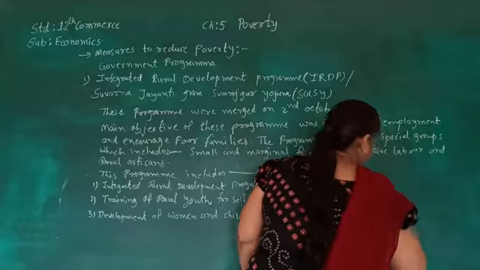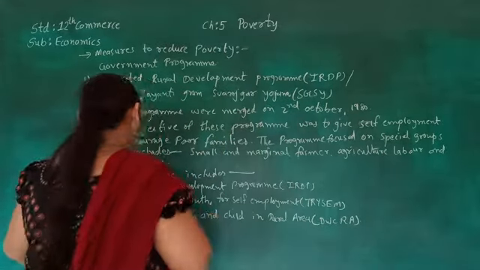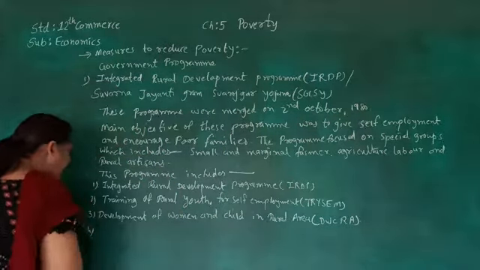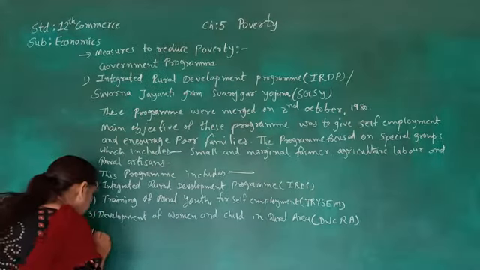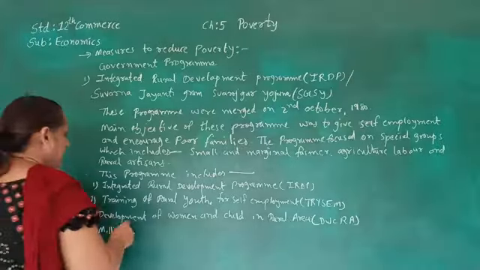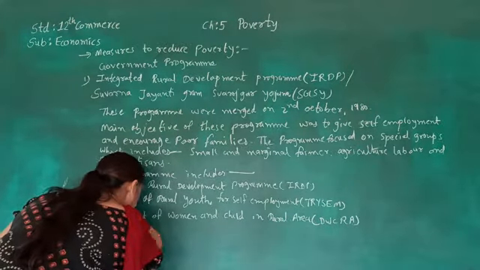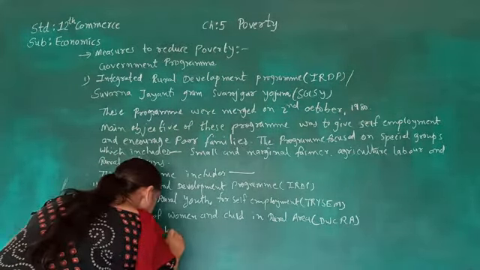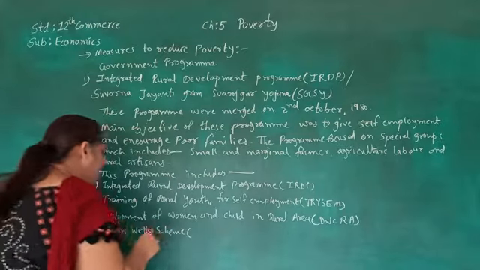Then the fourth program was the Million Wells Scheme, that is called MWS.